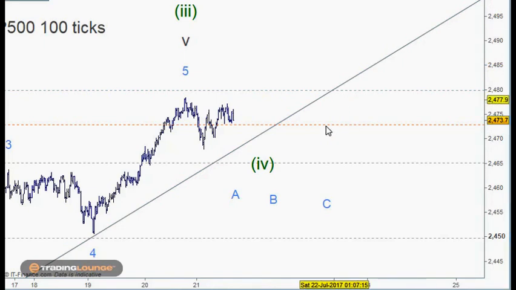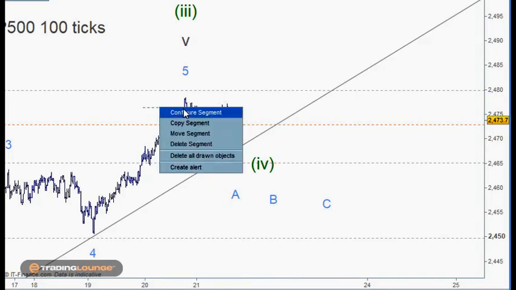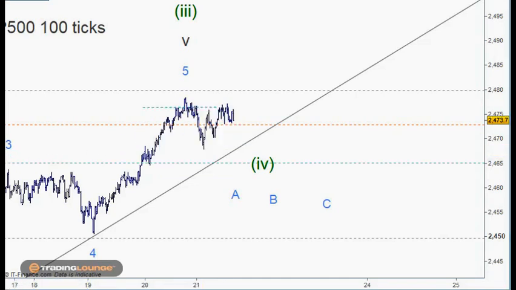So if you're looking for a long trade here, then just simply taking out those tops there would be the long trade. So that's all really quite simple.